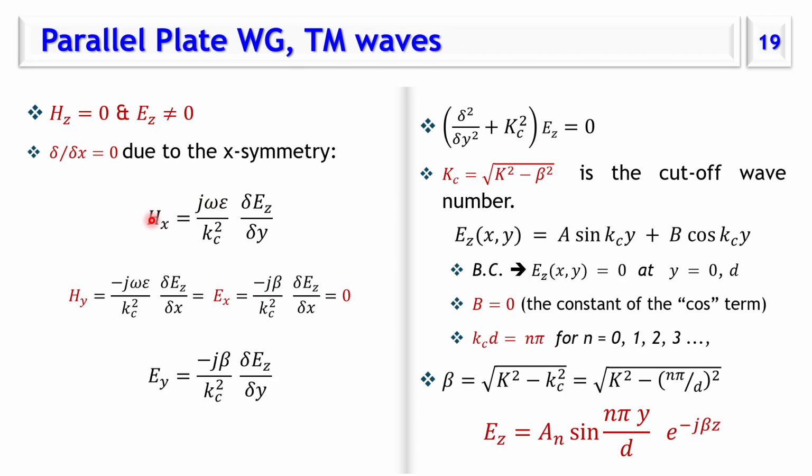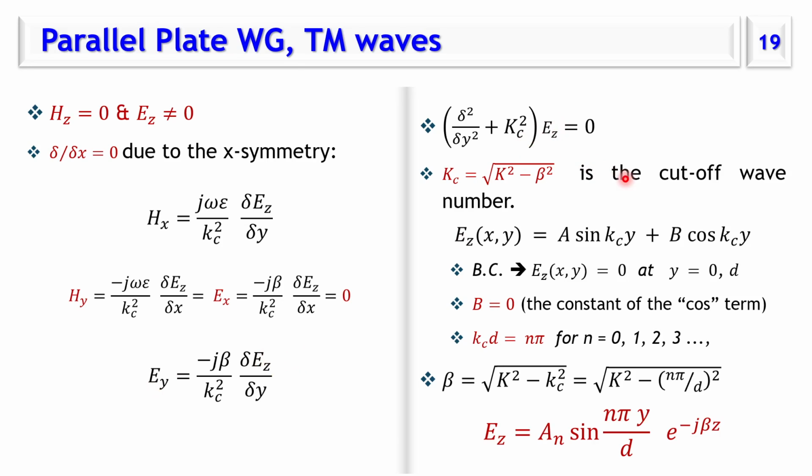We have Hx and we have Ey. Hy and Ex equal 0 because they depend on a derivative with respect to x, and we have symmetry along the x-axis. Substituting into the homogeneous wave equation in this case, we find that the solution depends on z.